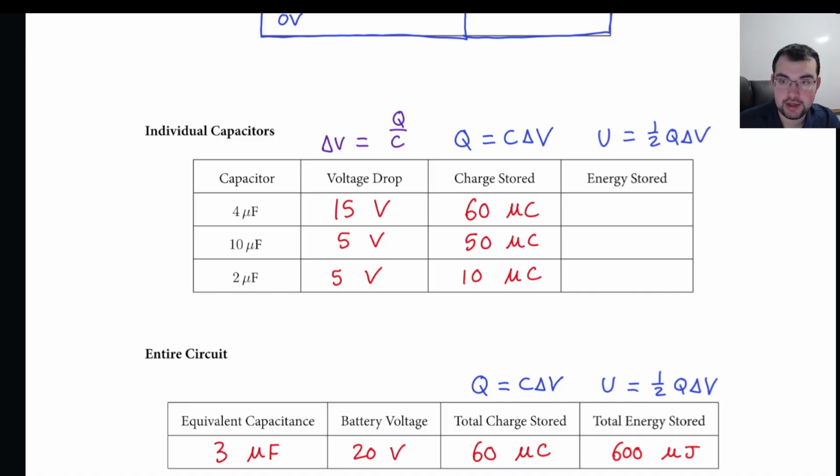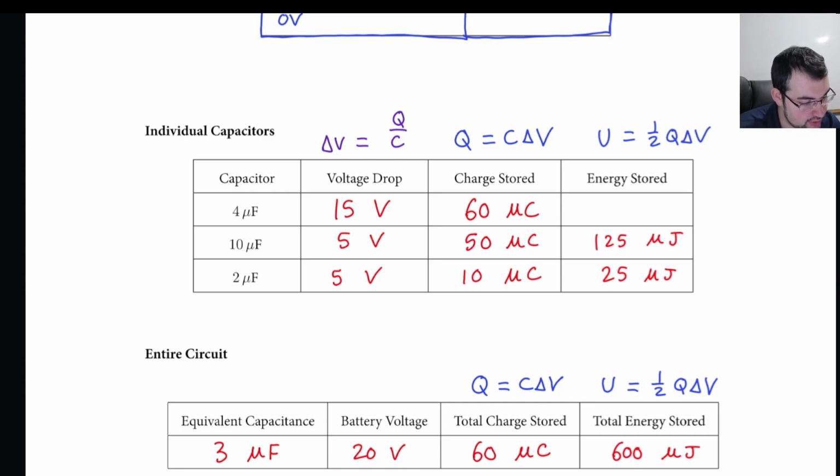Oh man. Okay, let's do it. The bottom one is the lowest, so I'm the least scared of this. 1/2 Q delta V. So that's 1/2 of 10, which is 5, times 5. This is 25. All right. This is just 5 times that, so that's 125.